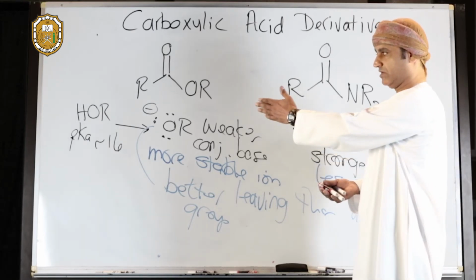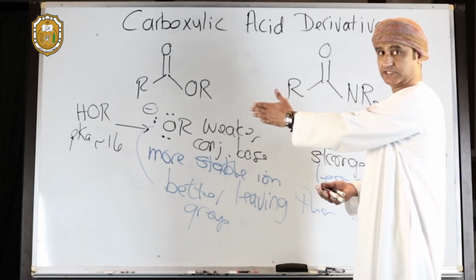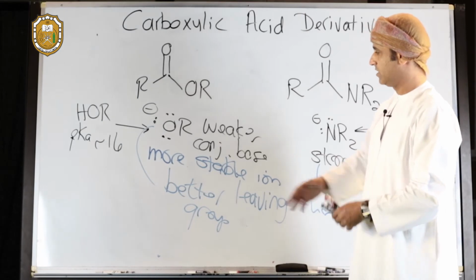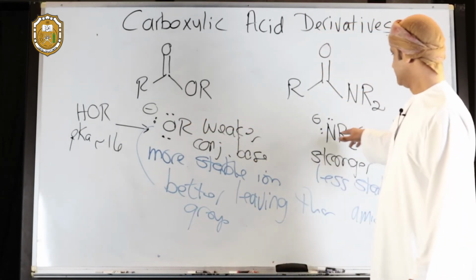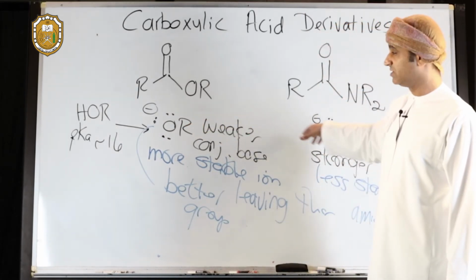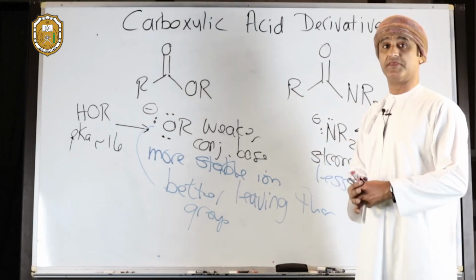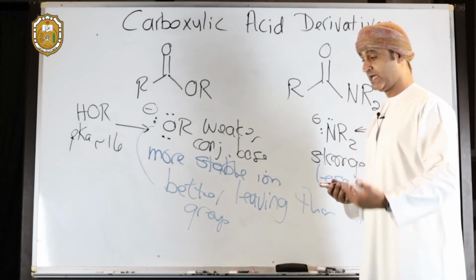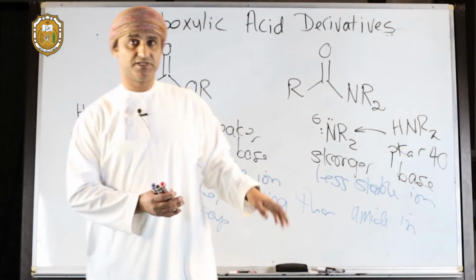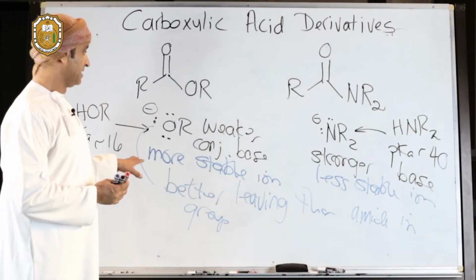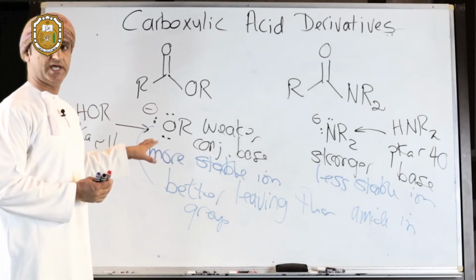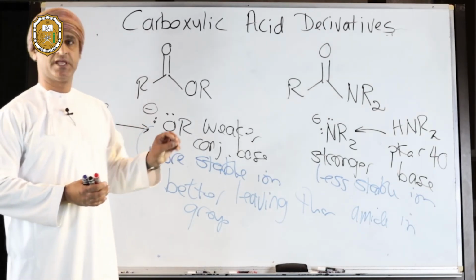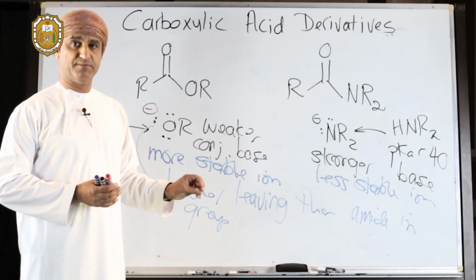We can look at, again, as we did before, the acidity of the corresponding acid. Obviously, here also oxygen is more electronegative than nitrogen. So oxygen, because of that, can tolerate the negative charge more because of its high electronegativity. We can also add this to the information that we have gathered. The conclusion here is that the alkoxide ion is a better leaving group than the amide ion.